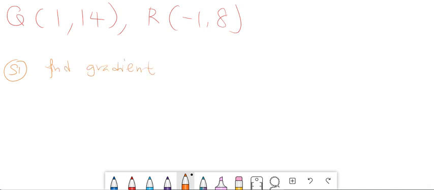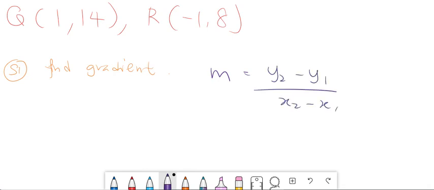Find your gradient. Okay, so from this, what is your formula? Your m equal to y2 minus y1 divided by x2 minus x1. So your y2 is 8 minus 14, divided by -1 minus 1.